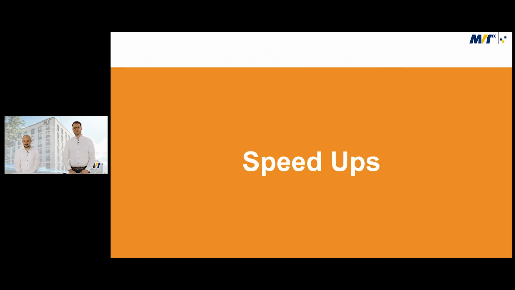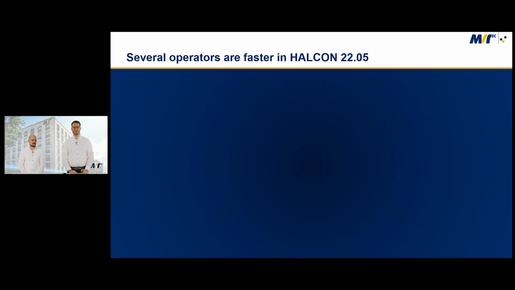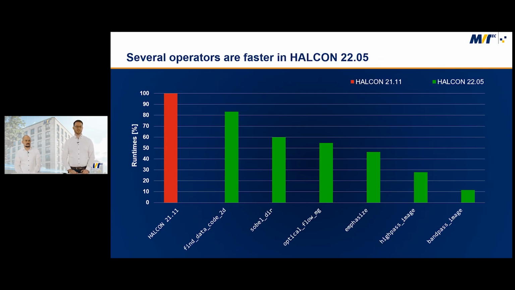Okay, last but not least, because it's always very important, we have speedups in the new version. So several operators are now much faster. So you can see this here. We compared these runtimes in percent with the 2111, so the old version, and now these operators are all very much faster.